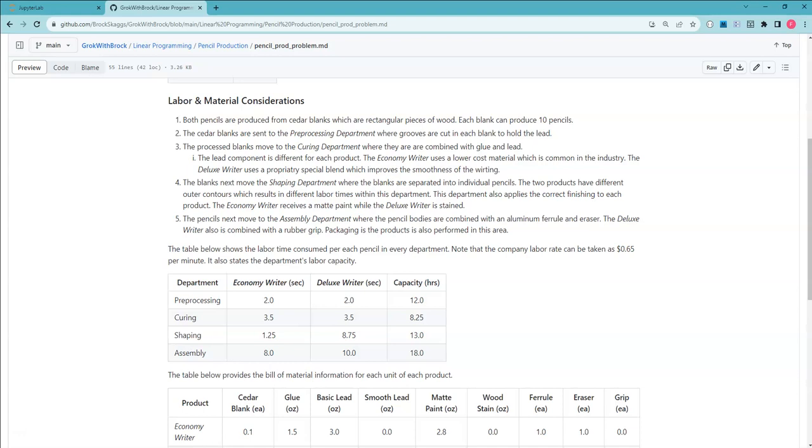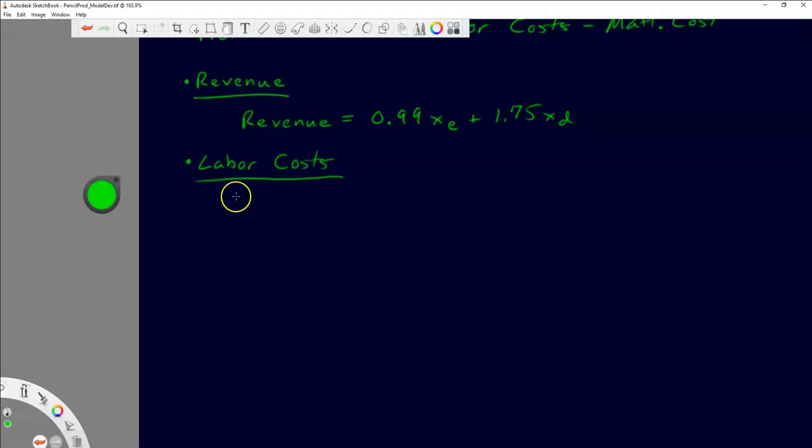So the first thing I'm going to do is convert that 65 cents per minute into dollars per hour for the labor rate. So let's do that right here. The labor rate, we are given it as 65 cents per minute. And I want to convert that to something per hour.